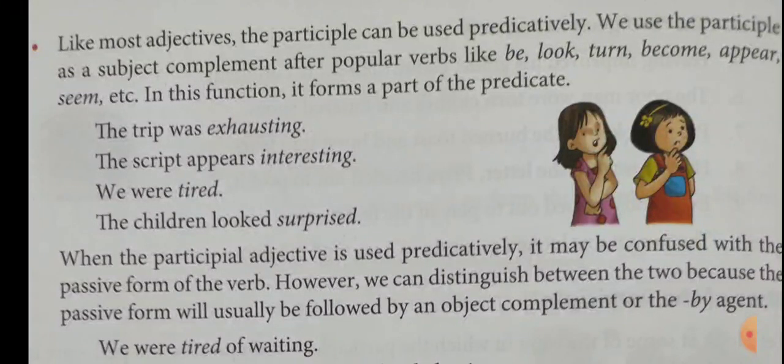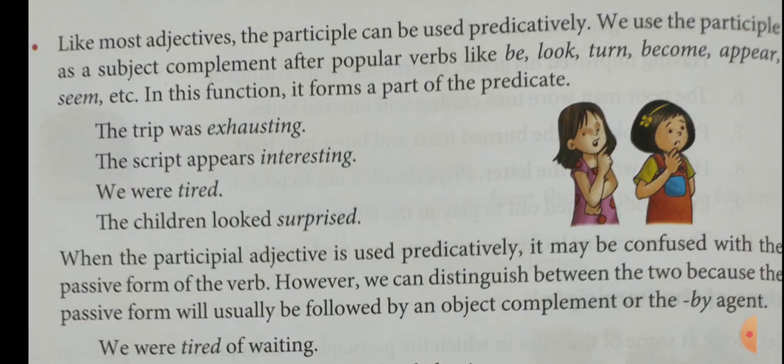When the participle adjective is used predicatively, it may be confused with the passive form of the verb. However, we can distinguish between the two because the passive form will usually be followed by an object complement or the by agent. We were tired of waiting. We were rather embarrassed by her behavior.